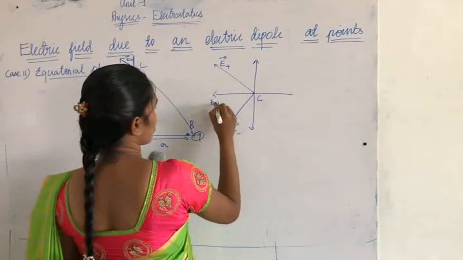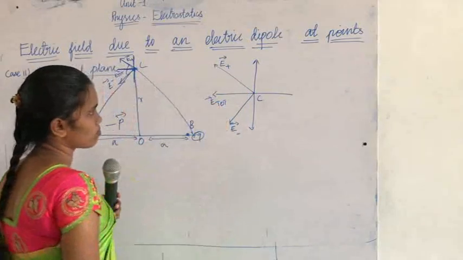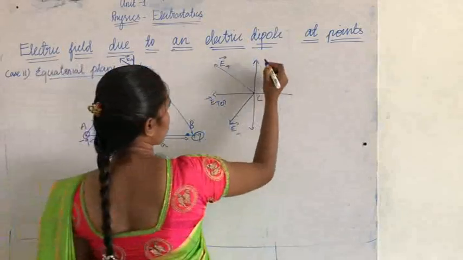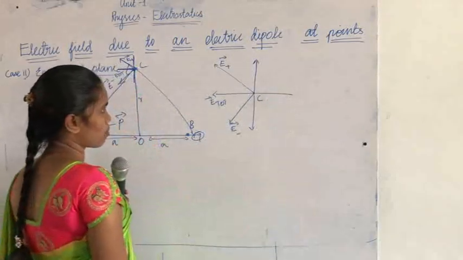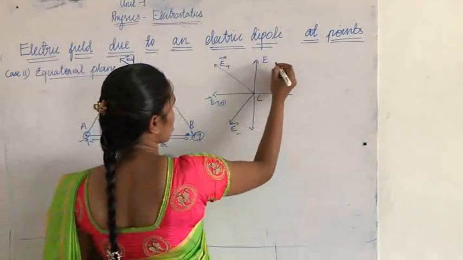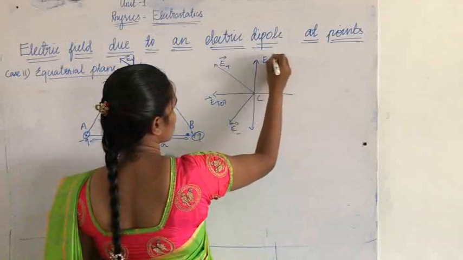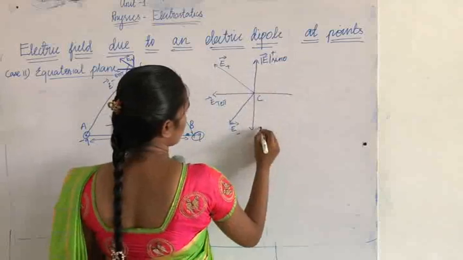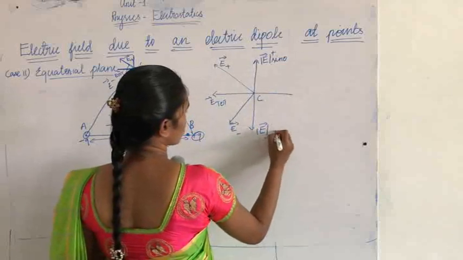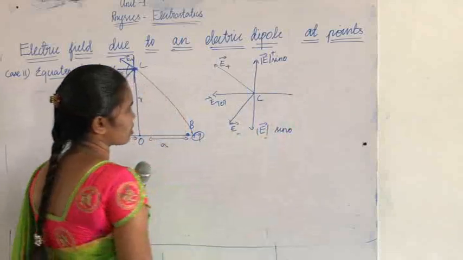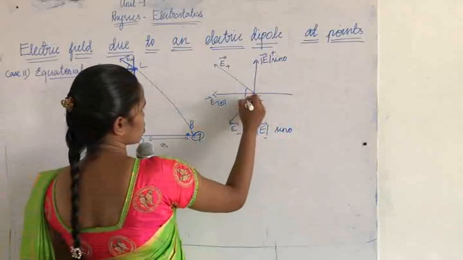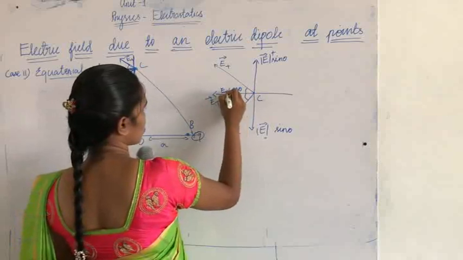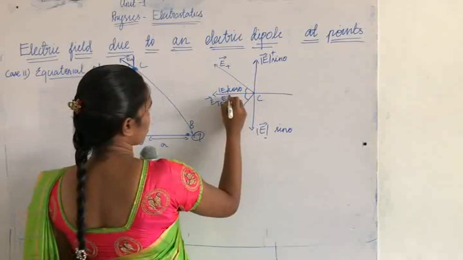This is E L. And these two are sine components, E sin theta. Here also, this is positive. Here also, E vector negative. This is sin theta. Now, these two are E cos theta positive, E minus cos theta.